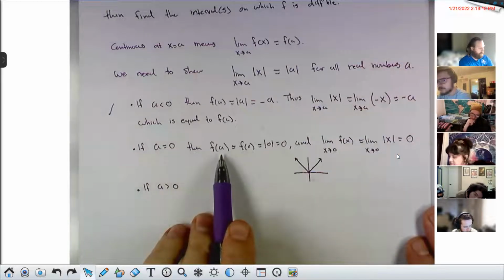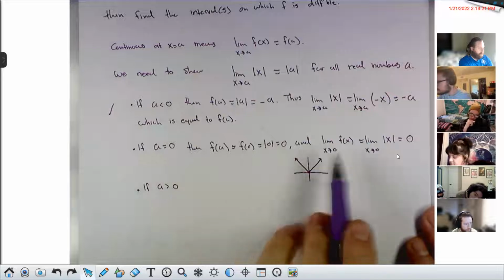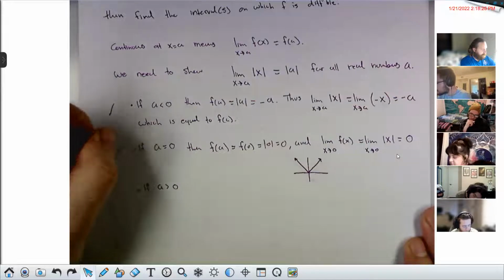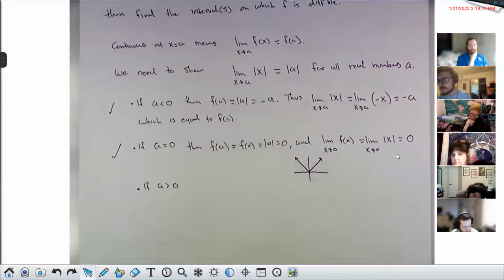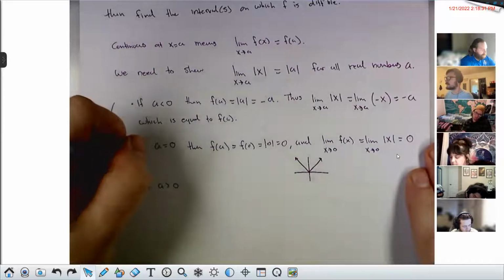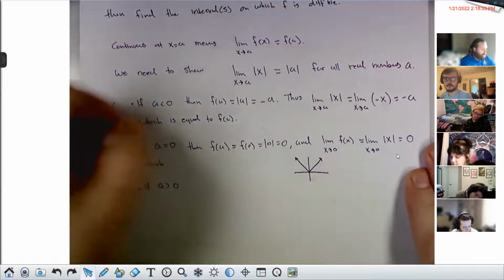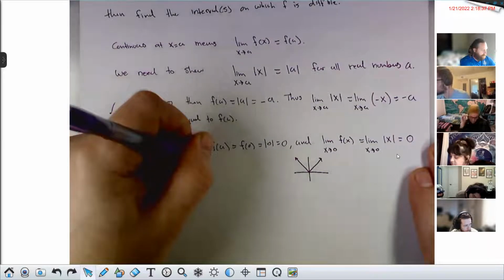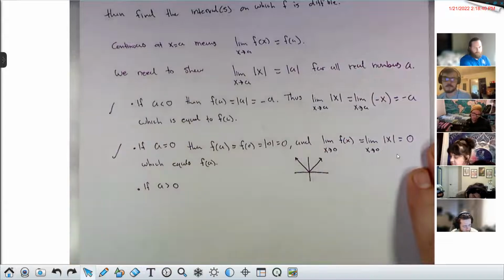So f of a is 0, and the limit as x approaches a of f of x is 0. So that's another big checkaroonie. And we could finish it by saying which equals f of a, right, a is 0.